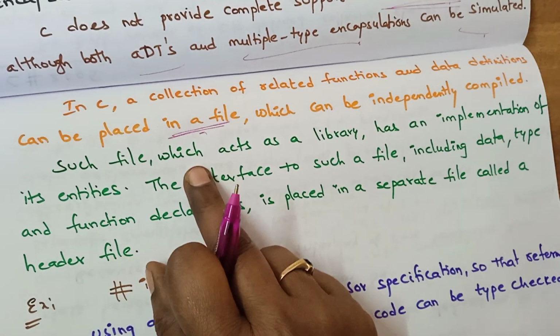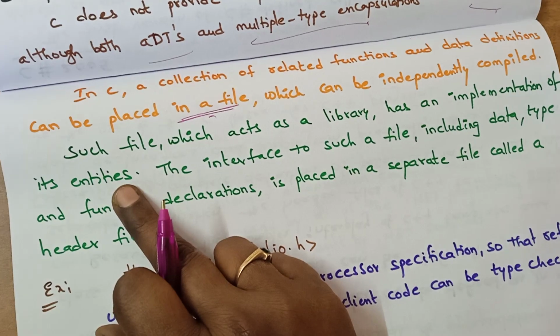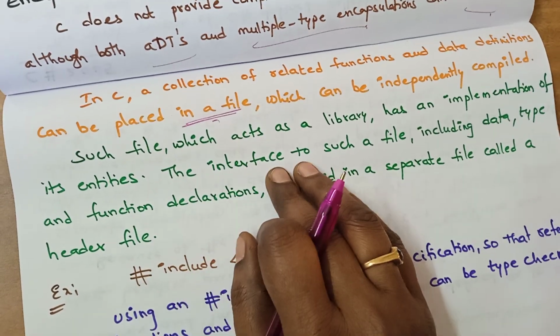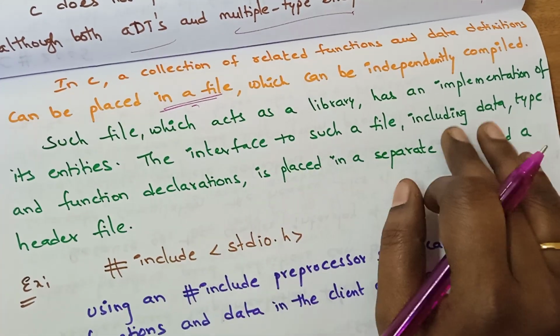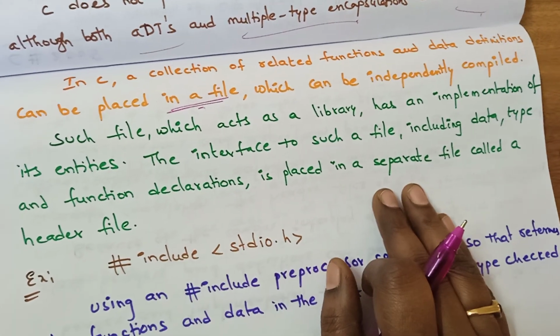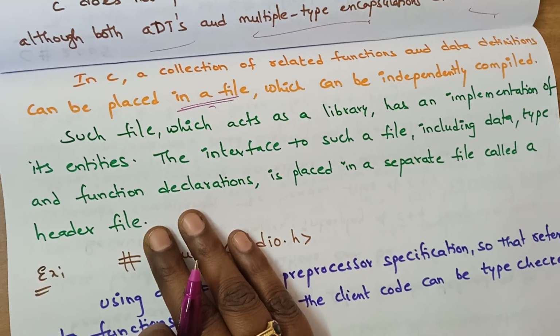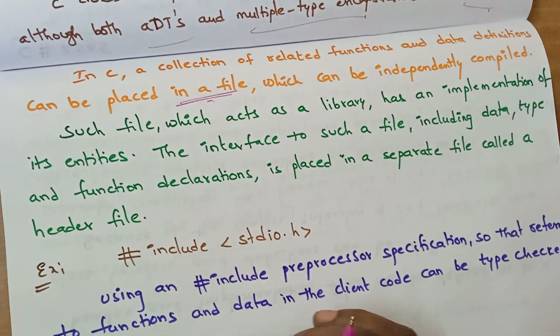Such a file, which acts as a library, has an implementation of its entities. The interface to such a file, including data, type and function declarations, is placed in a separate file called a header file. So now you can take the example.